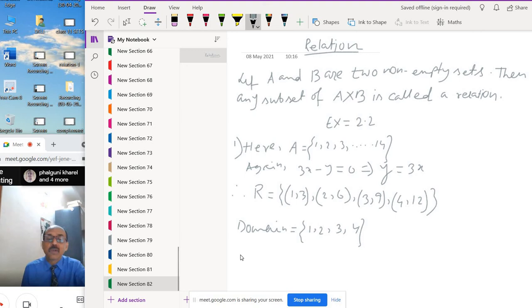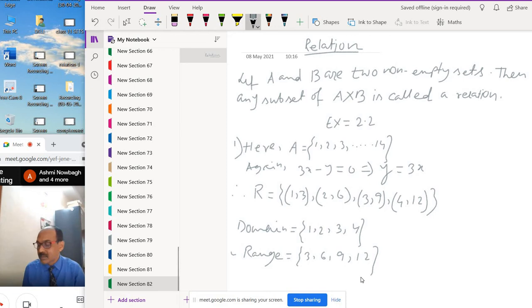So all the first elements are the domain and all the second elements are the range.